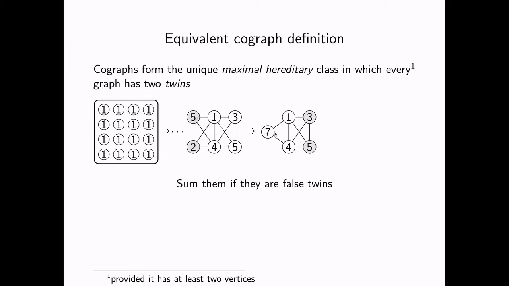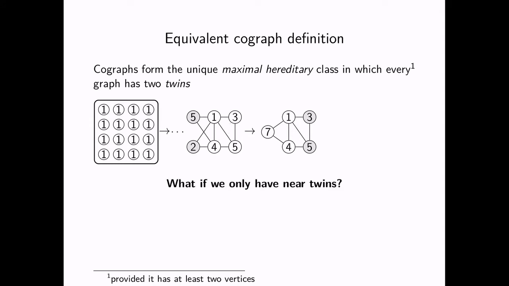So you can merge them and take the sum. If you merge true twins now, 5 and 3, you can only take a maximum independent set in one part, so you take the maximum, so here you make the max. So it's the same thing as before, and in the end you have a single vertex that contains the size of the maximum independent set.